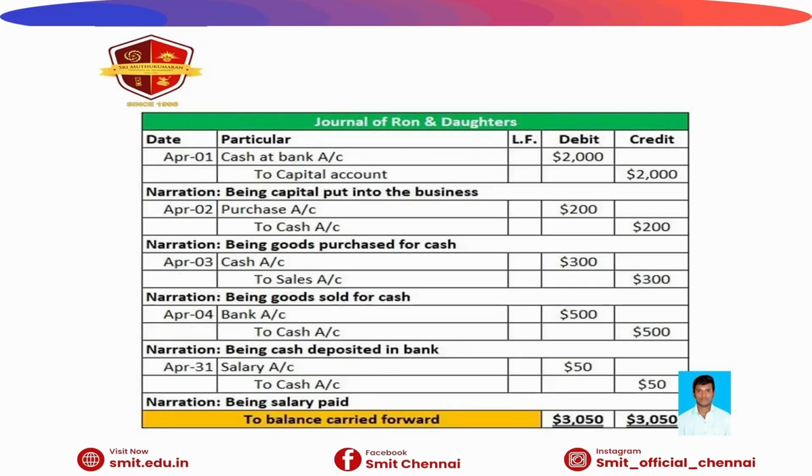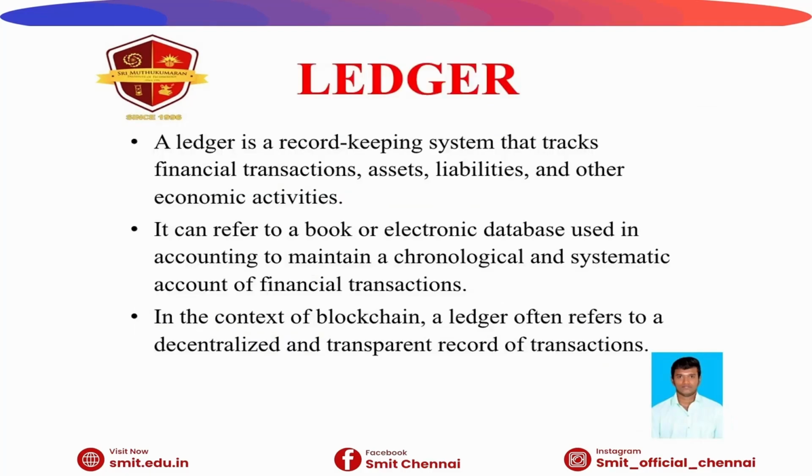These are some of the examples I have given. You can go through them. And then ledger. After completing the journal only, we will move on to the ledger. If the journal is the diary, the ledger is the summarized address book. It's a record keeping system that takes all journal entries and organizes them account by account.